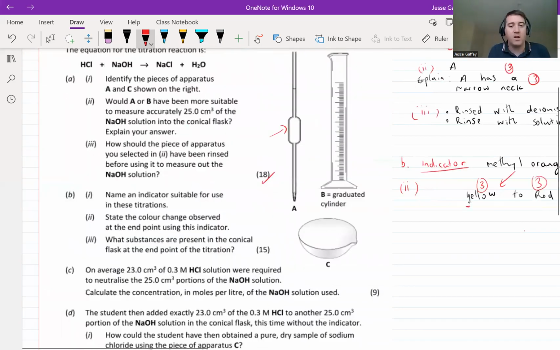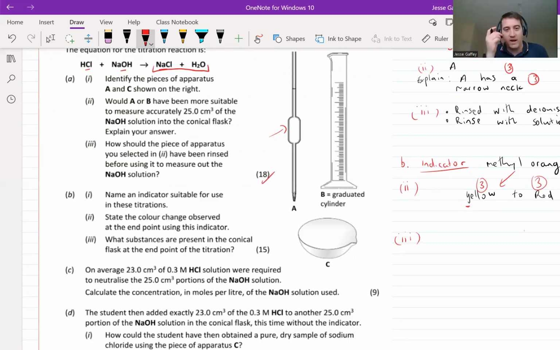Let's look at part 3. What substances are present in the conical flask at the end point of the titration? Okay, well, what you have to do is go and check the balanced equation, because at the end point, this and this are going to have reacted to make this and this. So these should be the substances present in your conical flask at the end point.